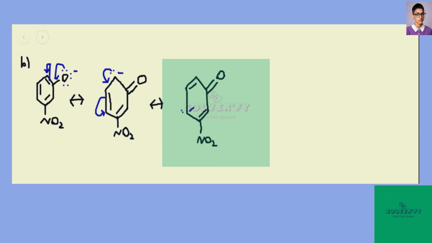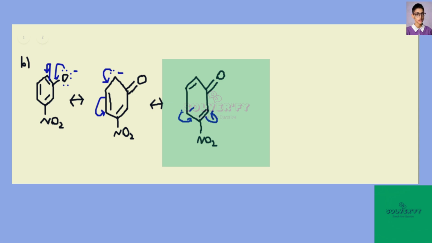But in this meta-nitrophenol, that's not where the nitro group is located. And so what actually would happen is the lone pair of electrons would go here, and this double bond will break, and the electrons will revert to that carbon.